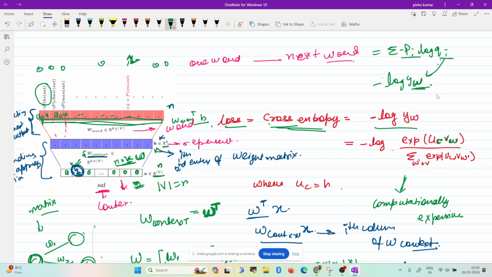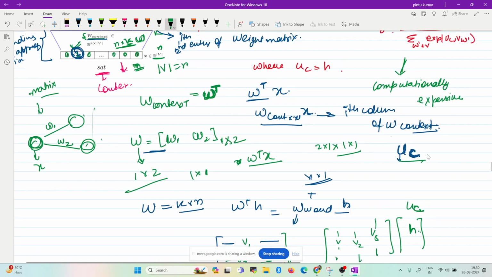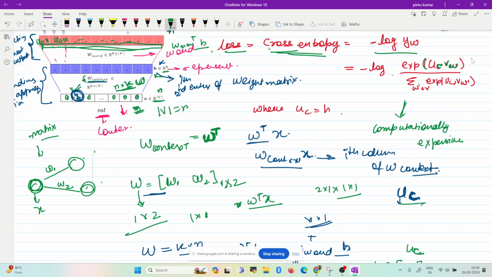So a particular entry is of the form U_C dot V_W, and if you take the softmax function on top of it, it would look something like exponential of U_C dot V_W divided by the summation of all these U_C dot V_W terms. This is how we do softmax, right, to convert it to probabilities. Okay, so this is how one can obtain the loss function.